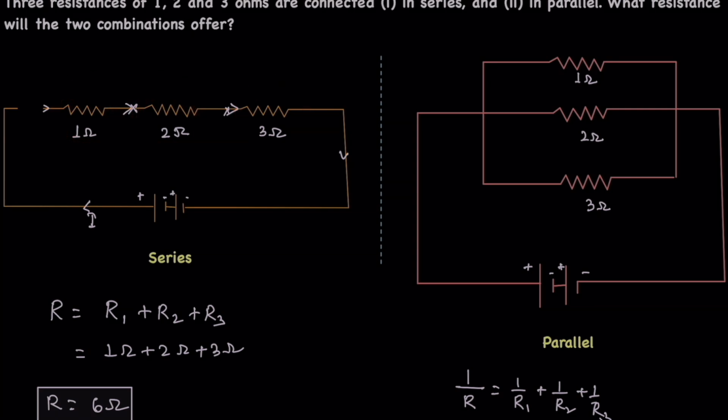If we do the same thing with the parallel arrangement, this is the current, and here it splits into three parts. So if any of the parallel branches has a short circuit, let's assume this one, then what will we notice? Only I1 will not flow, all the rest of the current will flow.